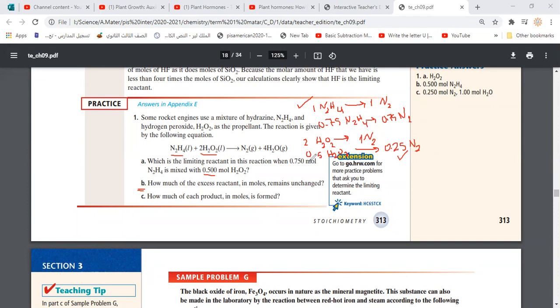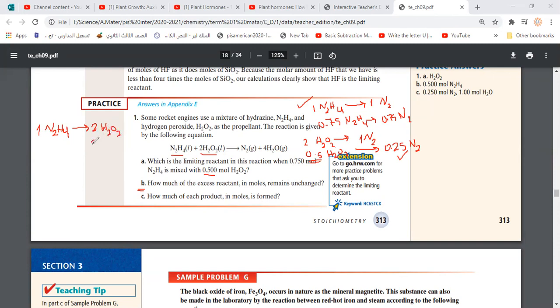So suppose that all the half mole of hydrogen peroxide is used, yes or no? Regarding the chemical equation, 1 mole of N2H4 needs to react with 2 moles of H2O2, yes or no?